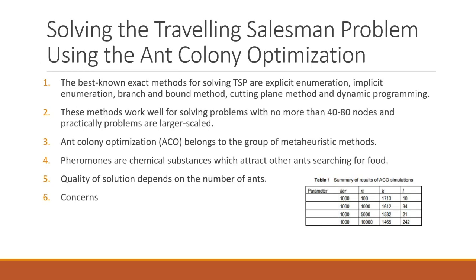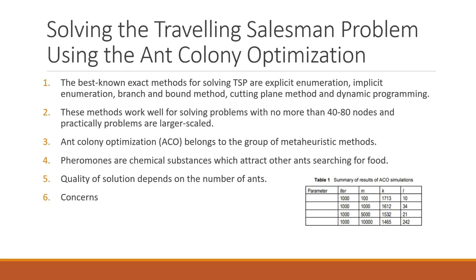I'm going to talk about three different algorithms to solve the traveling salesman problem. The first one is solving it using ant colony optimization. As I said before, TSP is an NP-hard problem, and the best known exact methods to solve it include enumeration, branch and bound methods, cutting plane method, and dynamic programming.